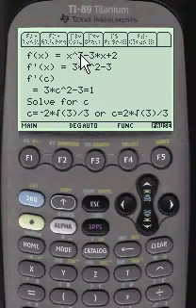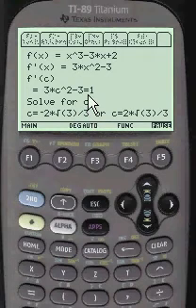Now we take the function and we differentiate it, giving 3x squared minus 3, which is the derivative. Then at c, we change all the x's in the derivative to c's: 3c squared minus 3 equals, and then set it equal to what we found before, which is 1. Now we solve for c.